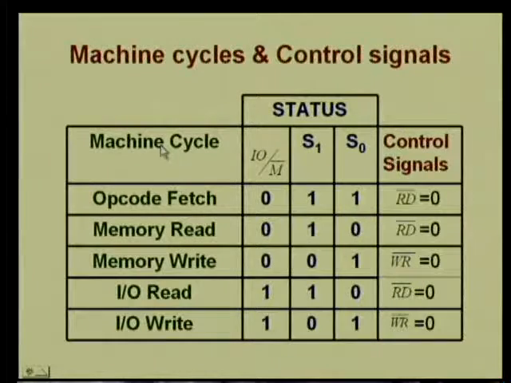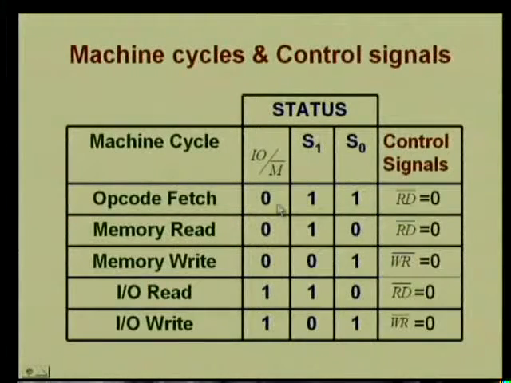And this is how the status signals and control signals are generated, that is IO/M bar, S1, S0. Here, if there is an active high signal on the IO/M bar line, it corresponds to an input/output operation. If there is a low signal over this pin, it corresponds to a memory operation.